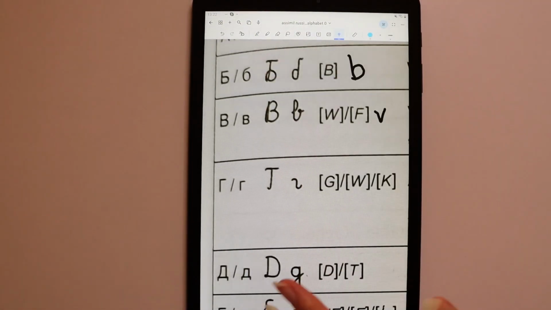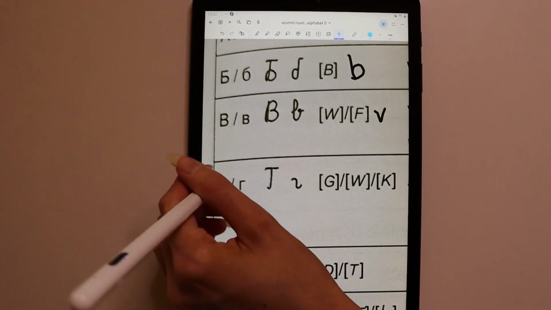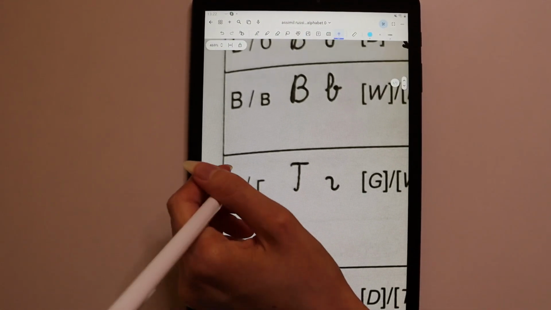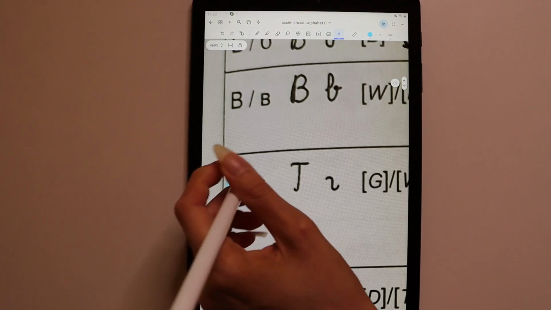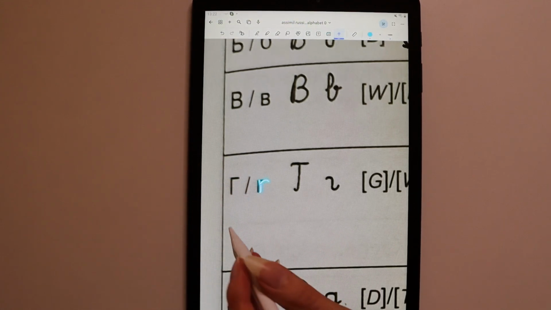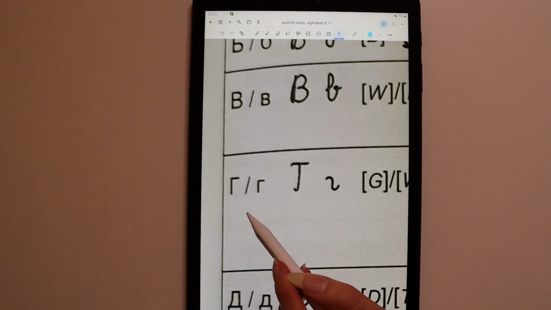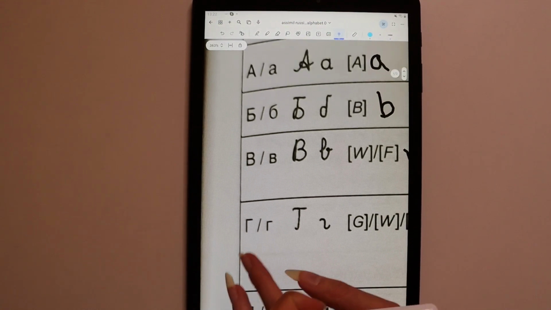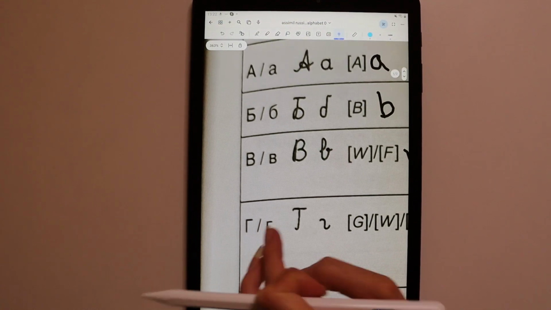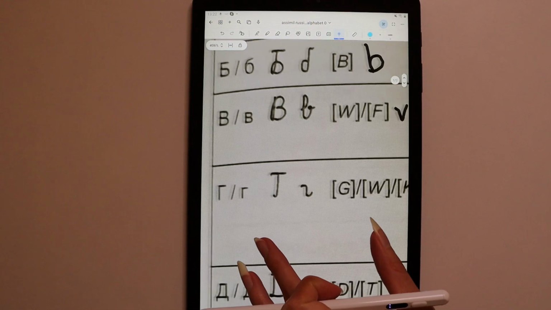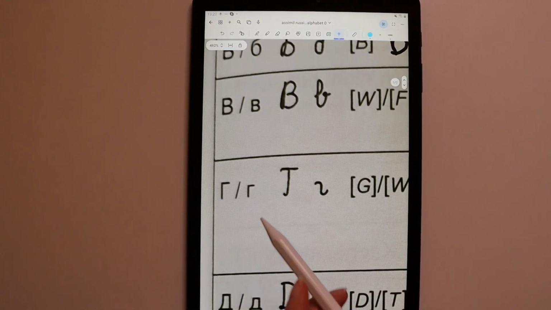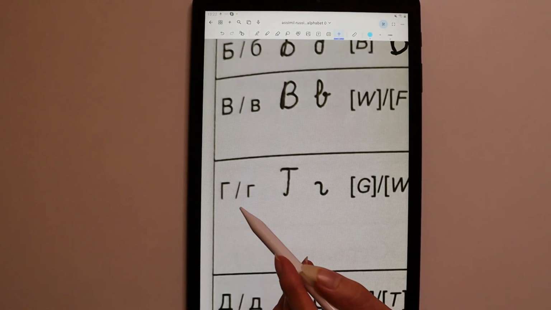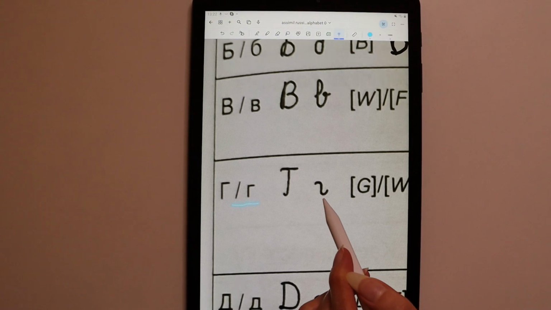Then we have the G. And this again, in the block letters it looks exactly the same, just a bit smaller. And the cursive letters again don't look exactly like the block letters.